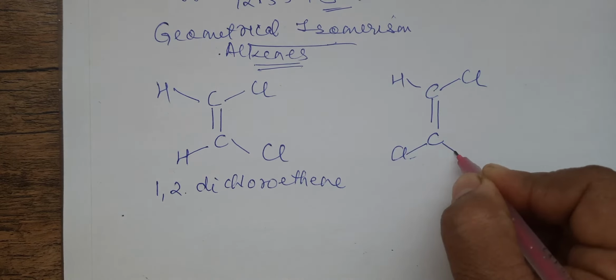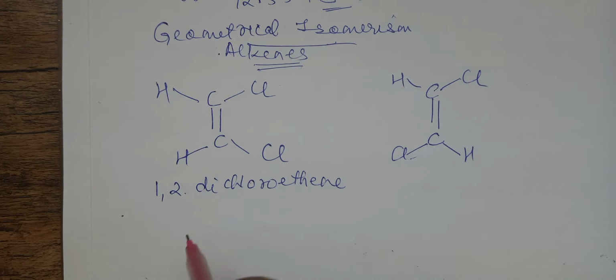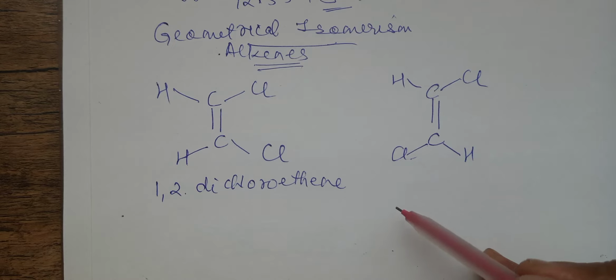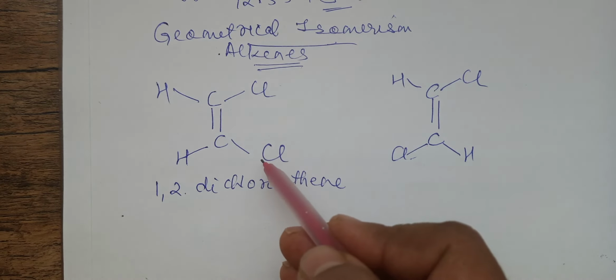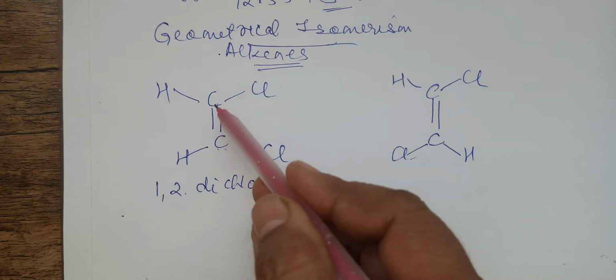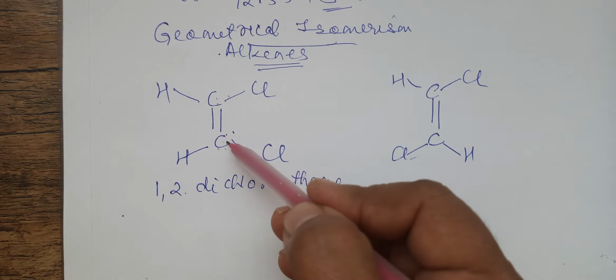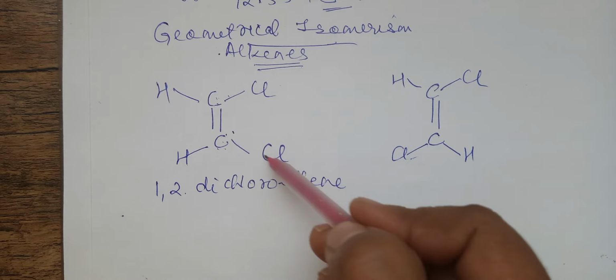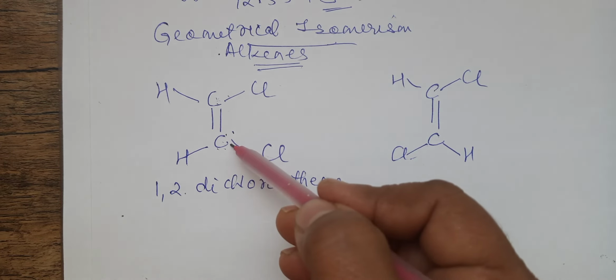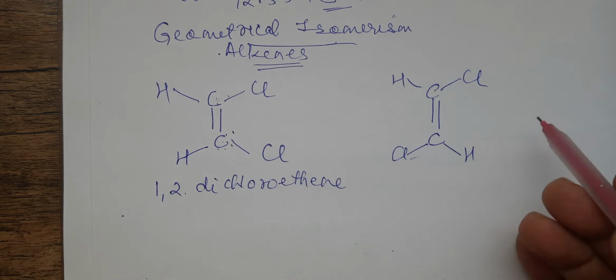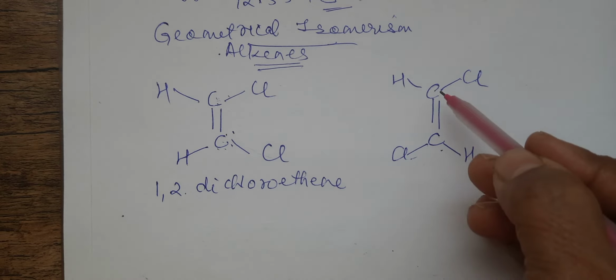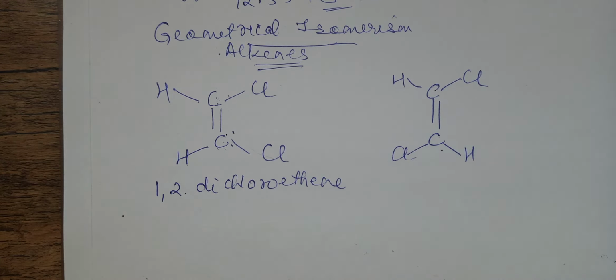See here, both the chlorines are on the same side of the double bond. These are the two carbons bearing the double bond, and chlorines are present on both the carbon atoms on the same side. In this particular example, the two chlorines are present on the opposite side.